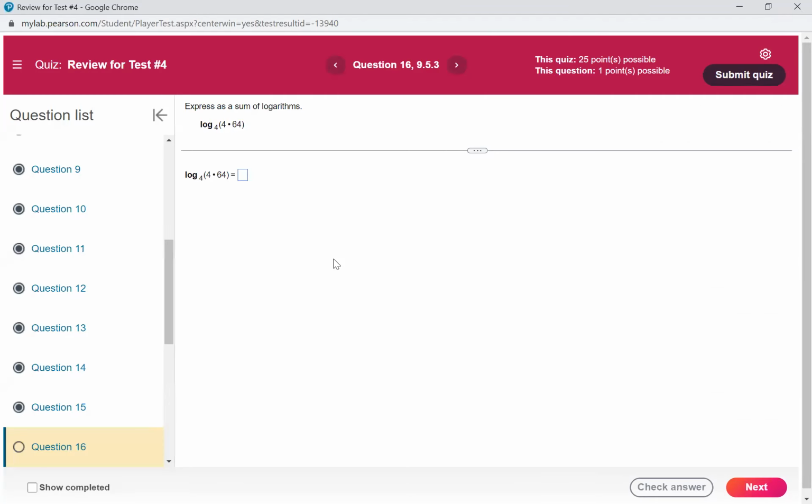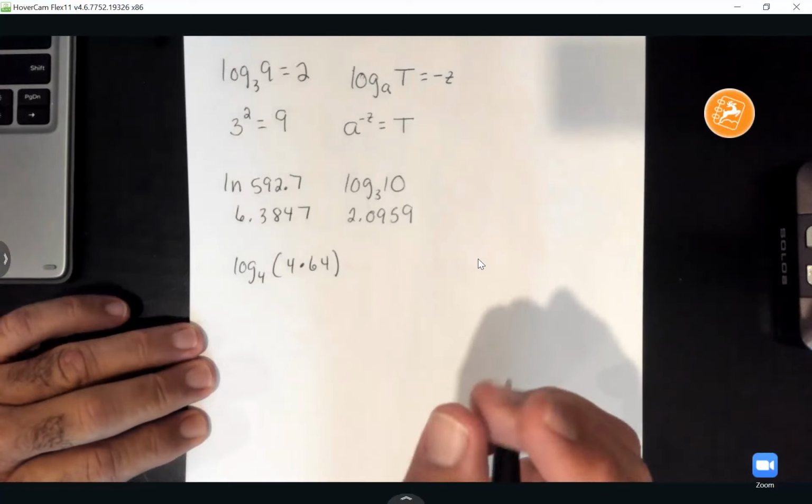All right, now these want me to express as a sum of logarithms. So I got a log base 4 of 4 times 64. So let me work this out real quick, y'all, and then we'll come put that in. So remember, sum means they're going to be added when you're done.